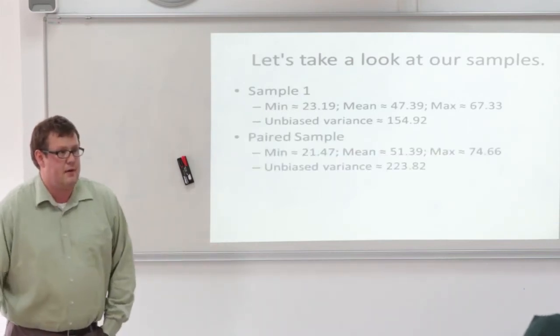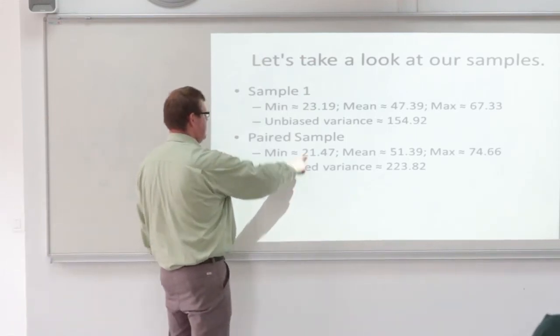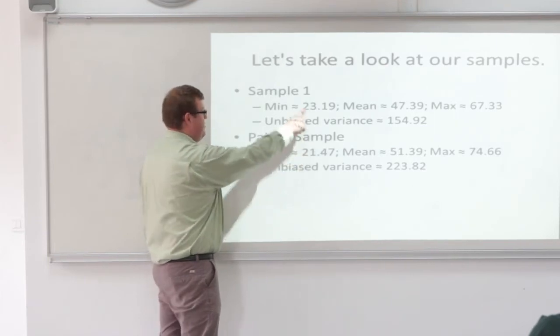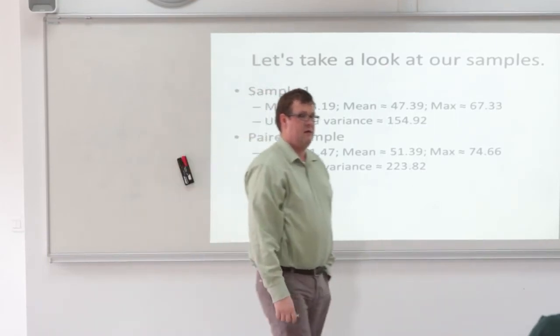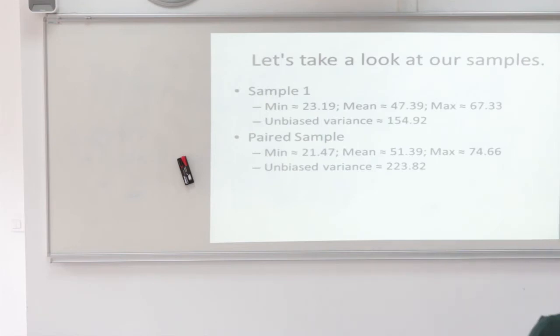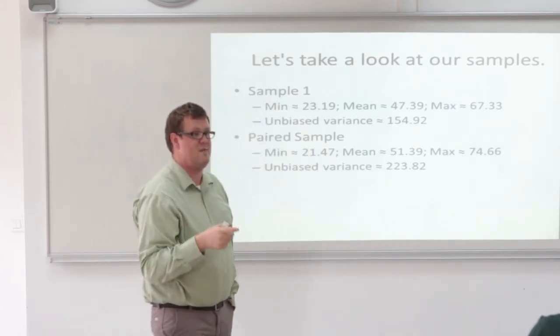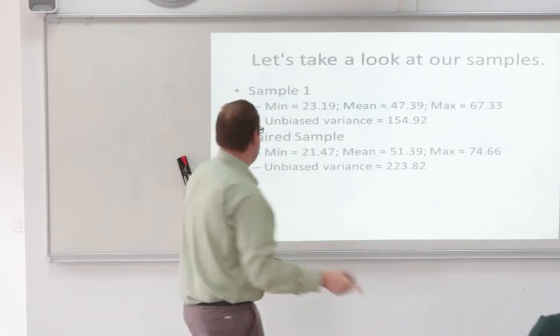For the paired sample, you have a minimum that's actually a little bit lower than the minimum before. Why? We'll see in a minute, because we're going to let the law of large numbers kick in big time in just a couple minutes.